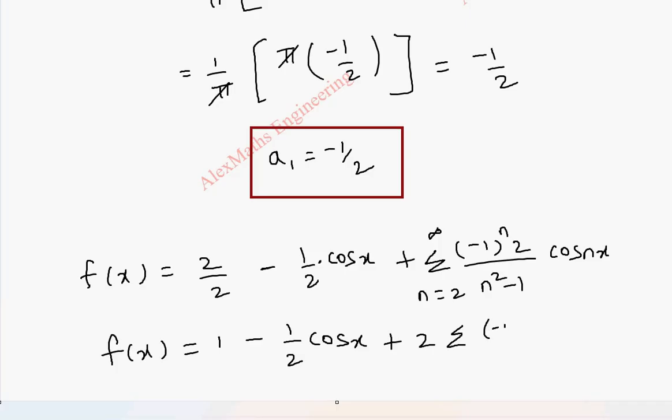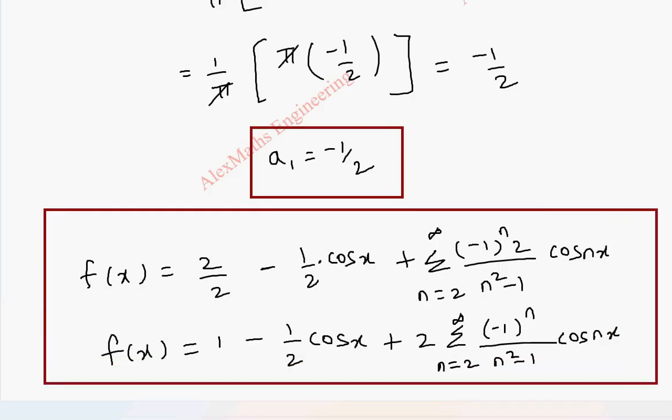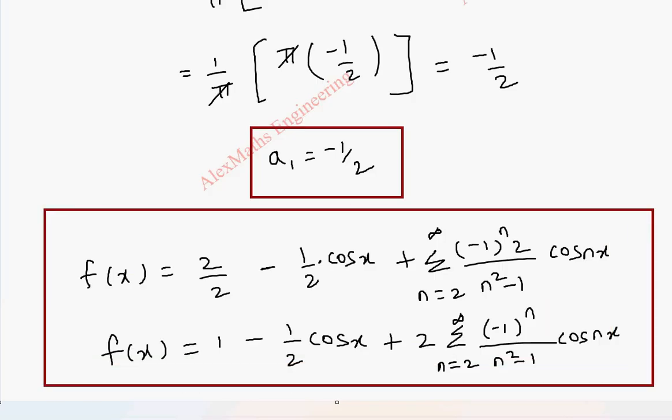So summation minus 1 whole power n by n square minus 1 cos nx, and n is ranging from 2 till infinity. This is our required Fourier series, the half range cosine series for the given function f of x.